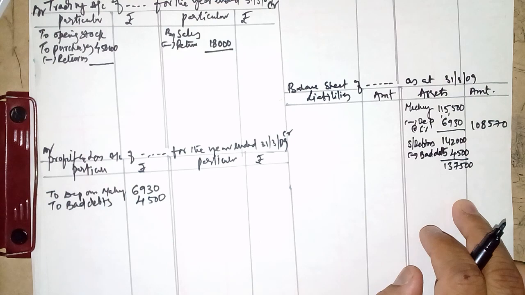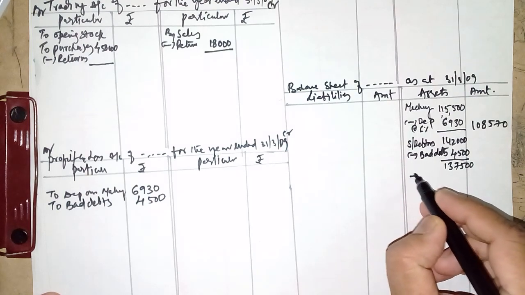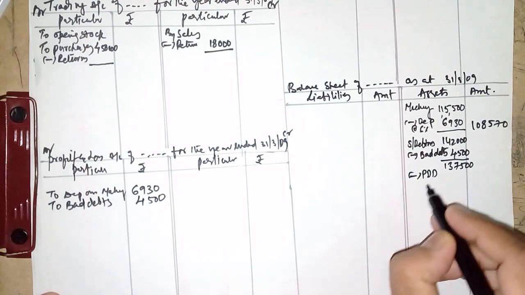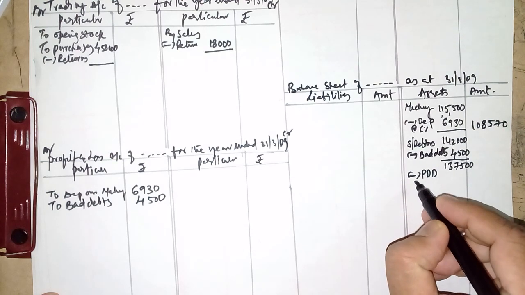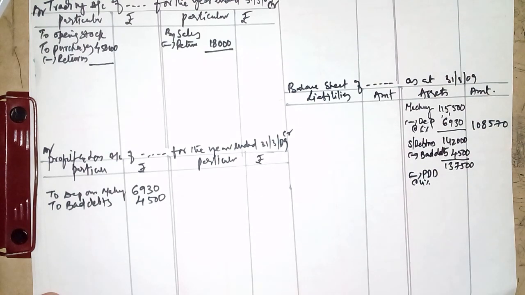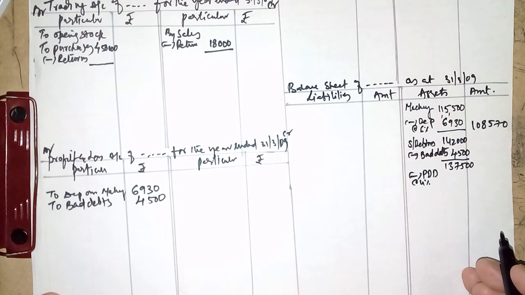After deducting the bad debts, whatever the resultant value we get, on this we need to calculate provision, minus PDD. PDD stands for provision for doubtful debts. As per the question, it is at the rate of 4% we are asked to calculate. On which value? Always bear in mind we should not calculate on the opening value, that is 1,42,000.